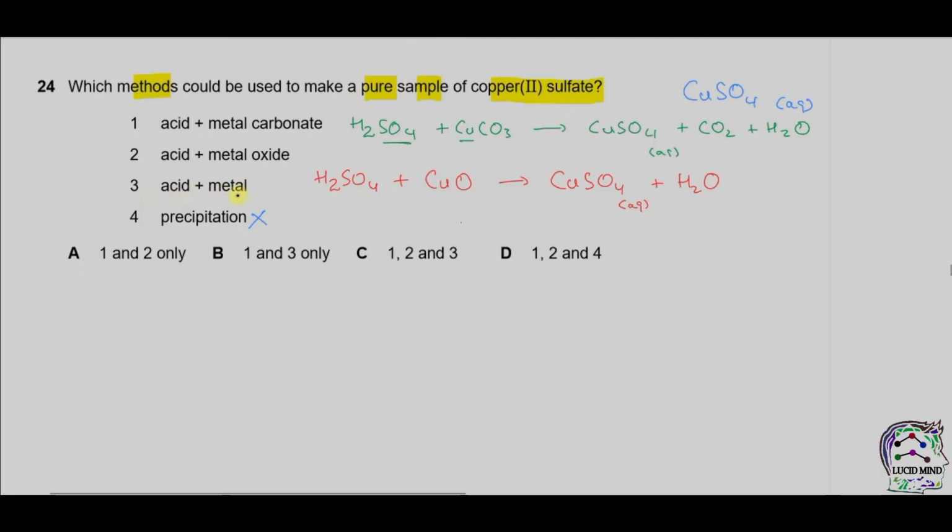Acid plus metal gives salt and hydrogen. Let's suppose we have acid H2SO4, metal which is copper. Now the reactivity of copper is very less, so therefore we cannot use this method to form copper sulfate. Option 1 and 2 are correct, so therefore answer is A.